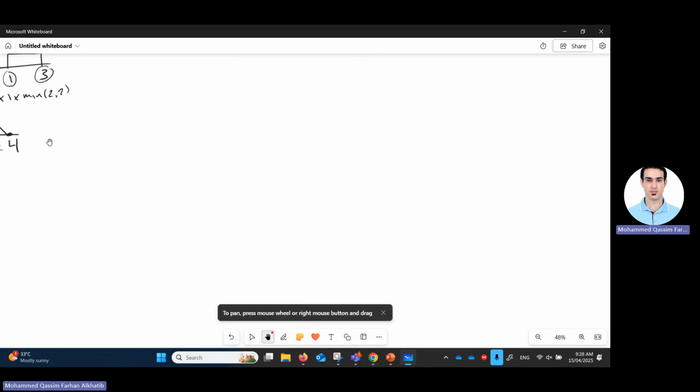Now let's try 2 rectangles with different widths. So let's do the convolution of rect of t over 3 convolved with rect, and let's add a shift here.